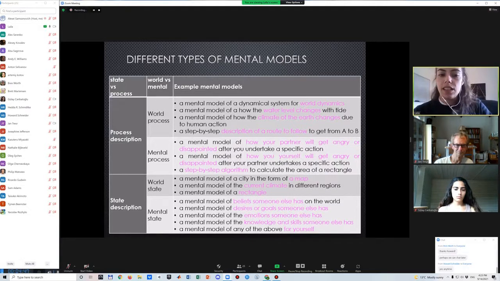Or in the state description, which was more like the static one, again, let's say the mental one is a mental model of a belief someone else has on the world. So even though someone's beliefs can change, your specific mental model of someone's state at a specific time is more static. So these are like 4 categories that you can kind of put all of these in.